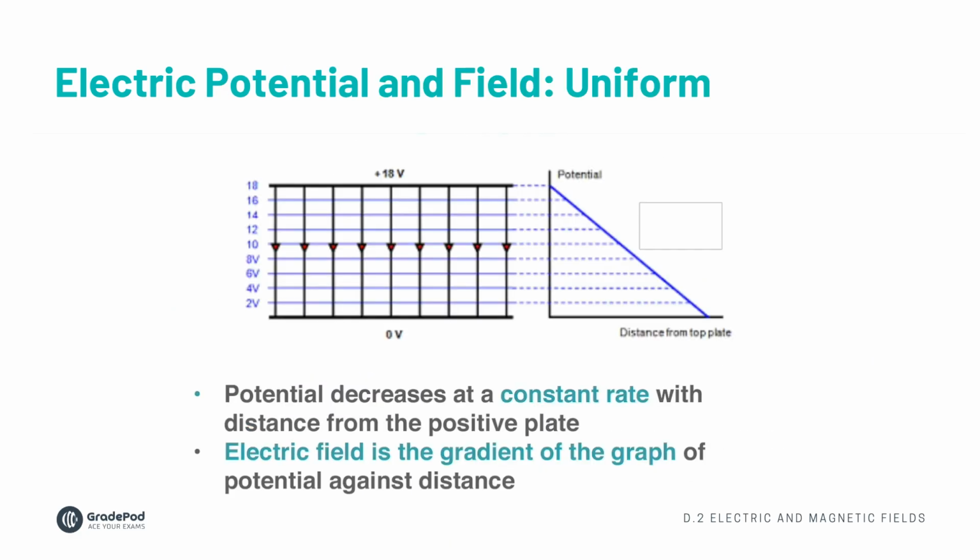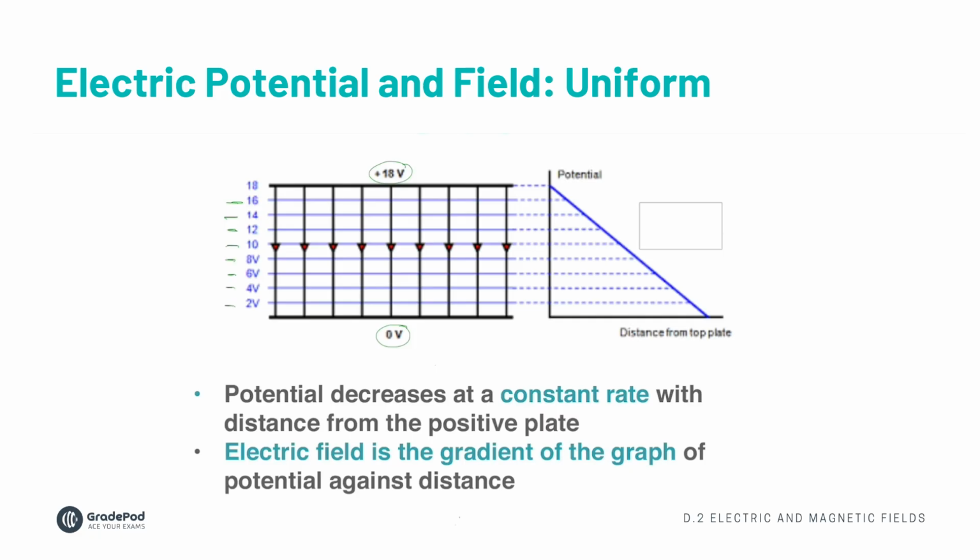So I'd like to look at this idea of electric potential and the equipotential lines in a little bit more detail. So you can see that I'm only looking at the uniform field right now, and what I have is a positive plate up here and a plate with 0 volts down the bottom. And I've shown these blue lines here as equipotential lines, and I've actually given them a value.